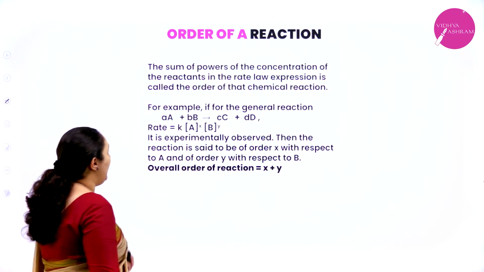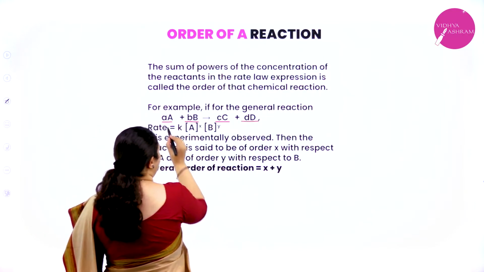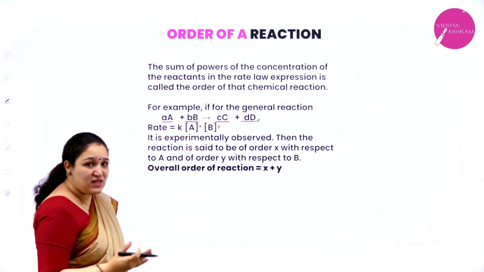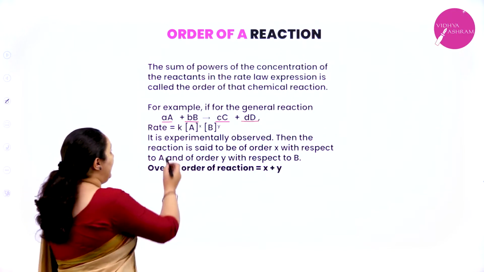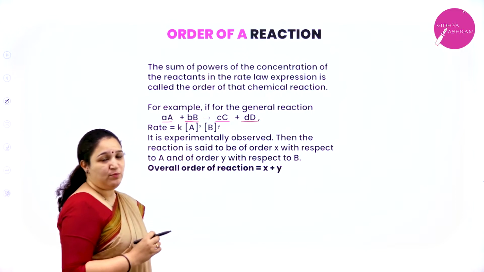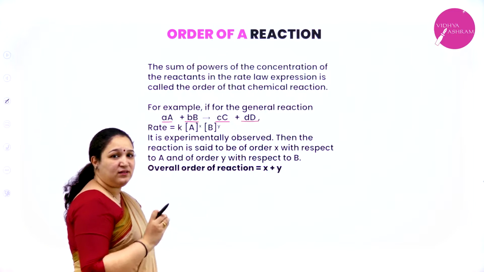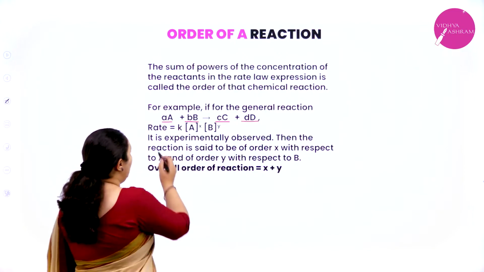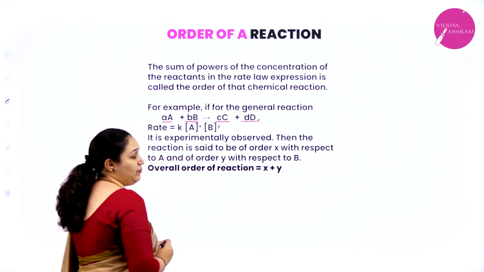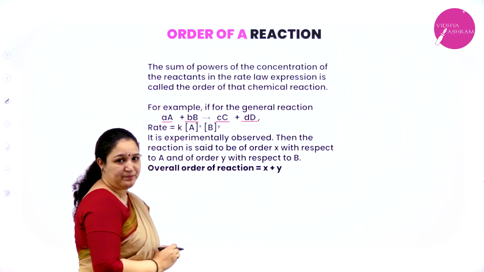For example, I shall consider this equation in which small letters a, b, c and d are called stoichiometric coefficients, A and B are reactants, C and D are the products. For this particular equation, I can write the rate expression as rate is equal to k, molar concentration of A to the power x into molar concentration of B to the power y.